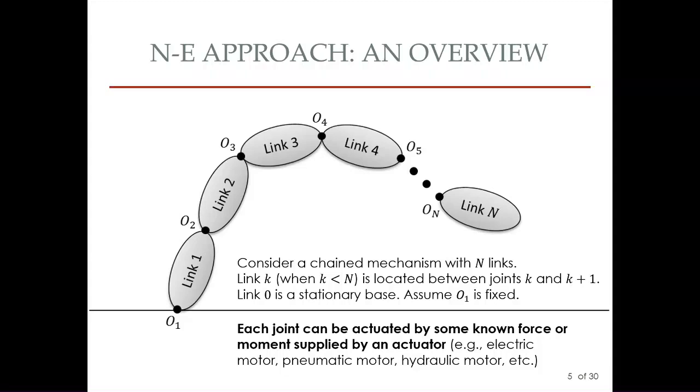If there are n links, n joints, and the assumption is each joint has a single degree of freedom, how many equations of motion will we need?